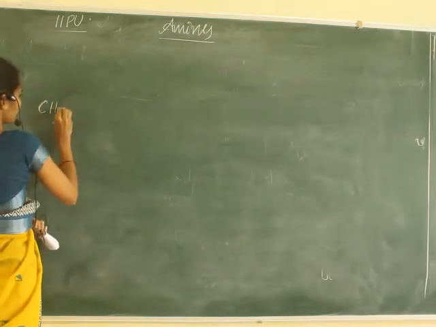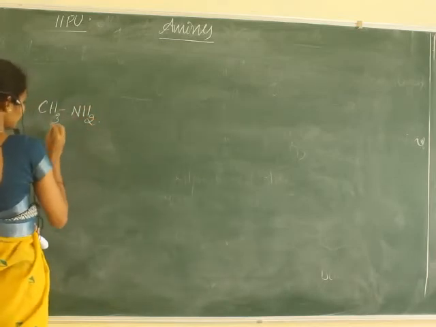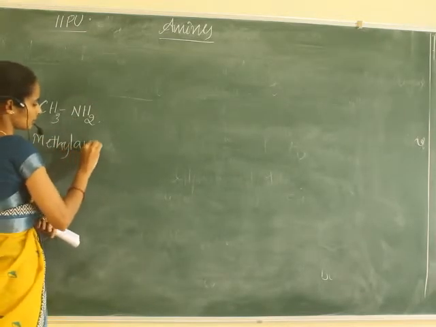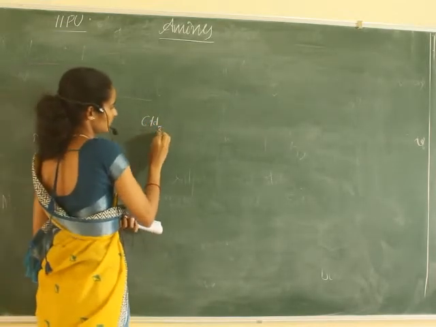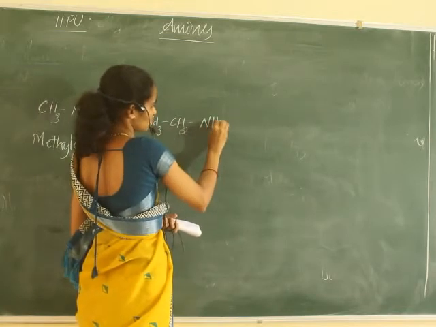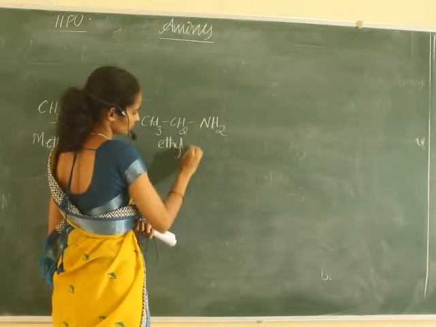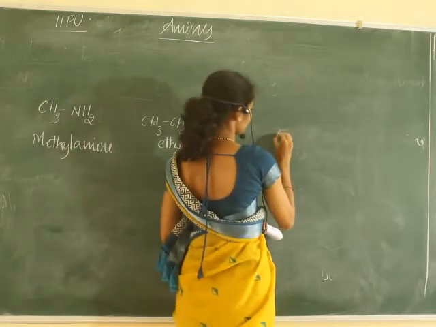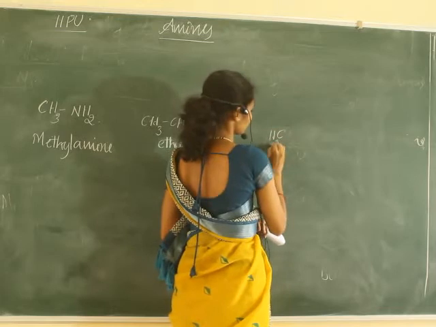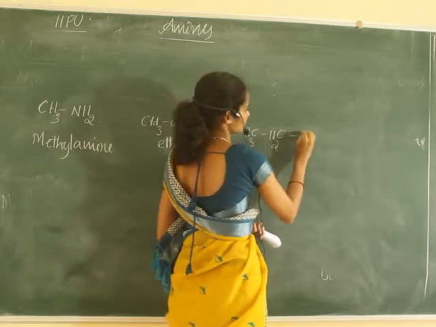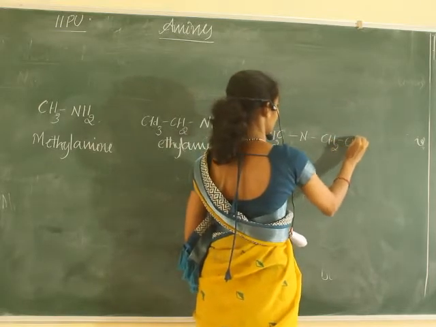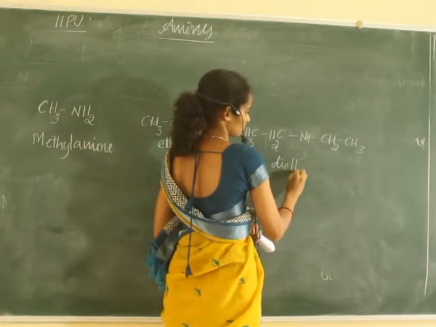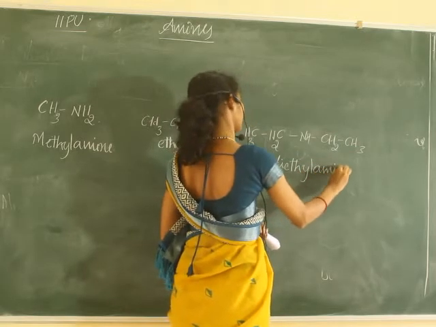CH3NH2: alkyl and amine group. The alkyl group is a methyl group, so methylamine. Or CH3CH2NH2, ethylamine.